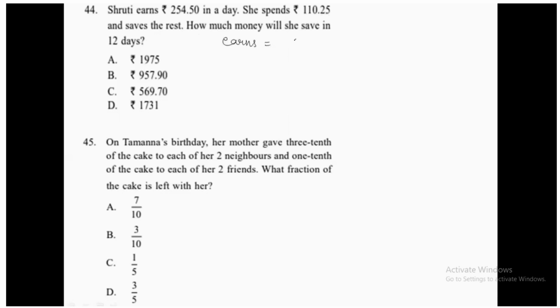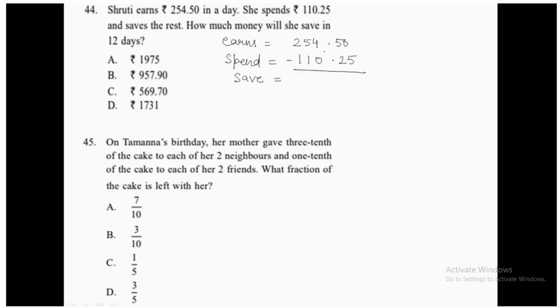She earns 254 rupees and 50 paise. Now, out of this, she spends 110 rupees and 25 paise. Now we need to find out the saving. So what amount did she save?